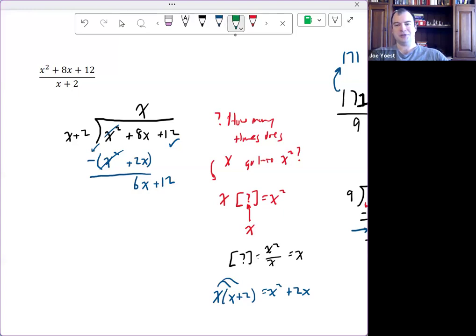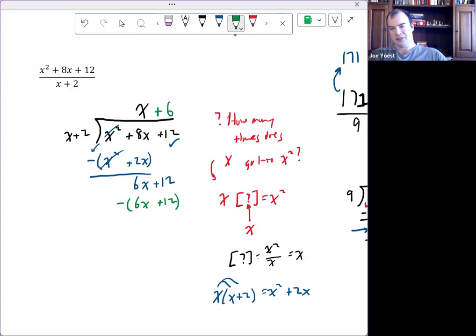And then I repeat the process. I look at my new highest terms, x and 6x. I ask how many times does x go into 6x, or in other words, x times what gives me 6x. Of course, that's just 6. 6 times x plus 2, well, that's 6 times x, or 6x, plus 6 times 2, plus 12, and I'm subtracting that.